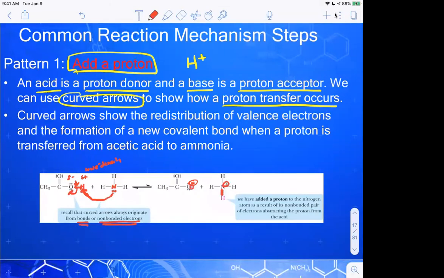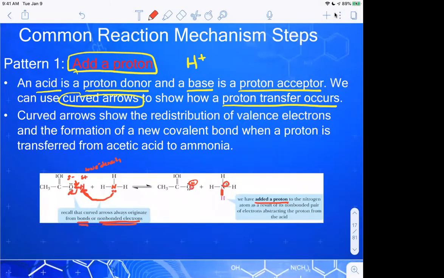So I have just added a proton to the nitrogen atom, as a result of its non-bonding pair, that lone pair attacking that hydrogen and abstracting that hydrogen proton from the acid. So this is what you would have to write.